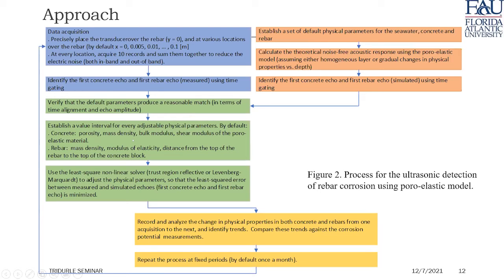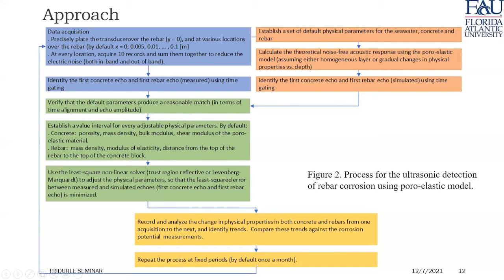And we allow these parameters to vary within a certain range of values, certain intervals. And we use what we call the trust region reflective algorithm and the Levenberg-Marquardt algorithm. We comparatively test them to adjust the physical parameters so that we actually get a better match.